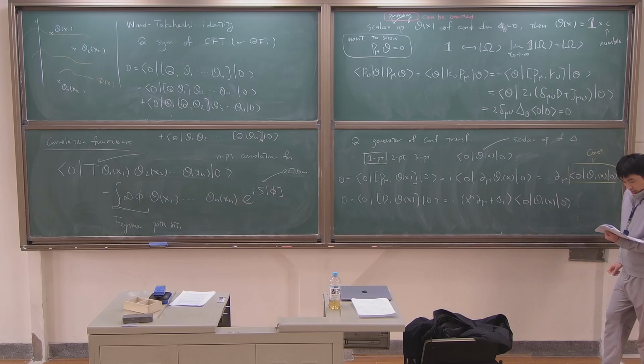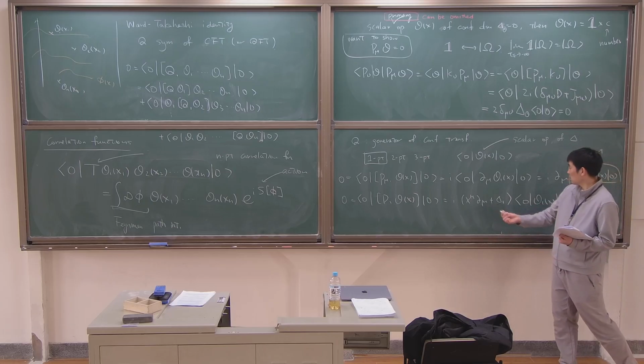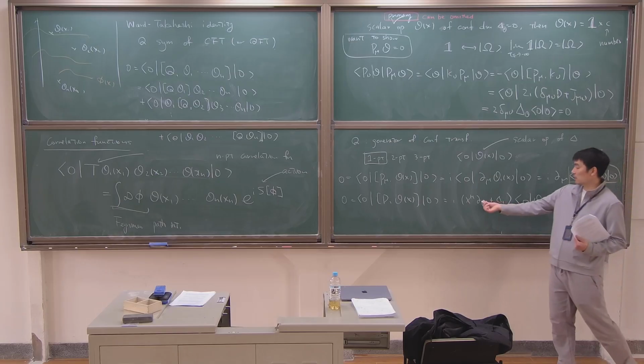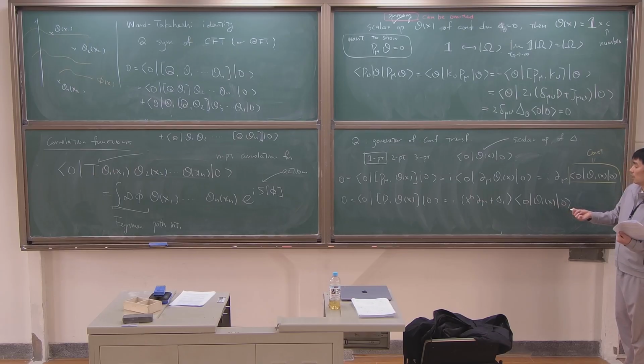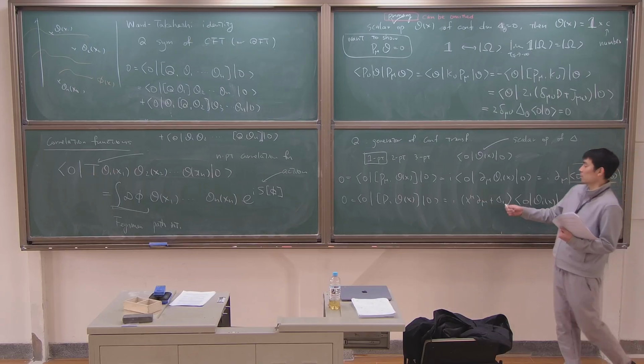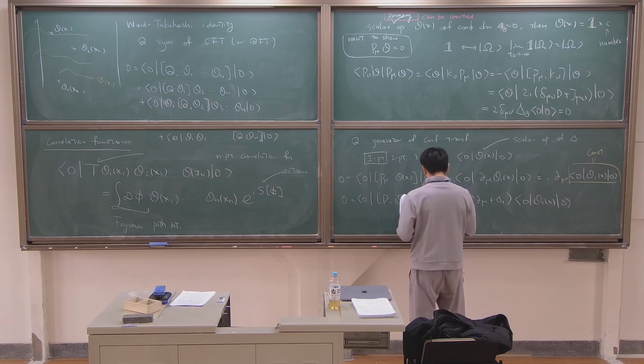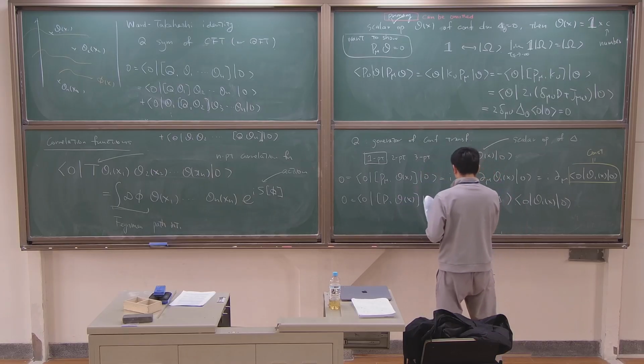And since we know this is just constant, the derivative acting on it is 0. Therefore, this means that delta should be equal to 0.